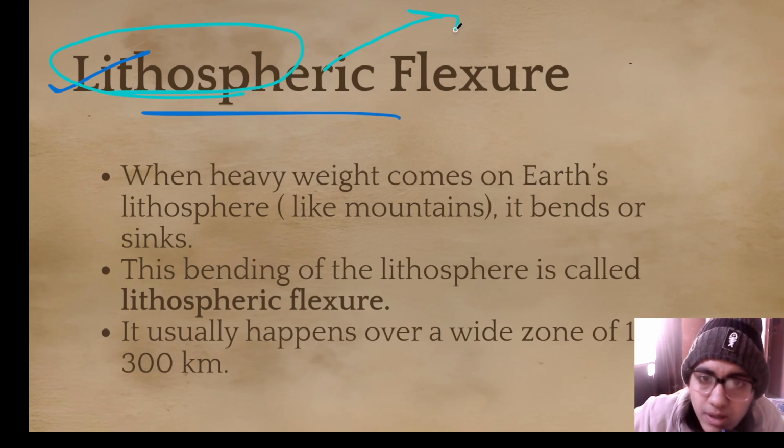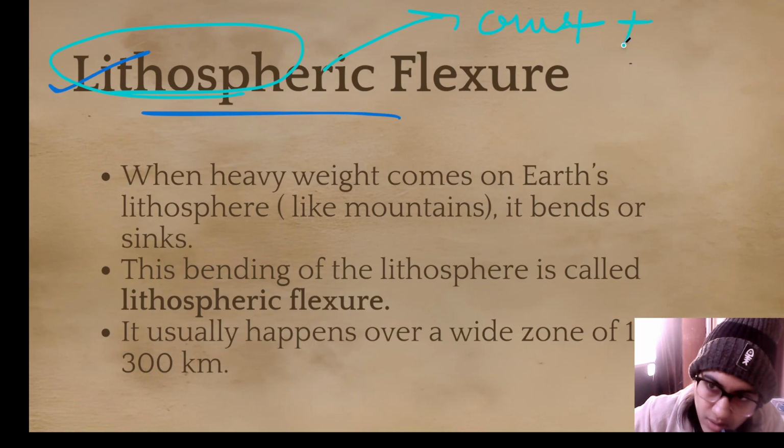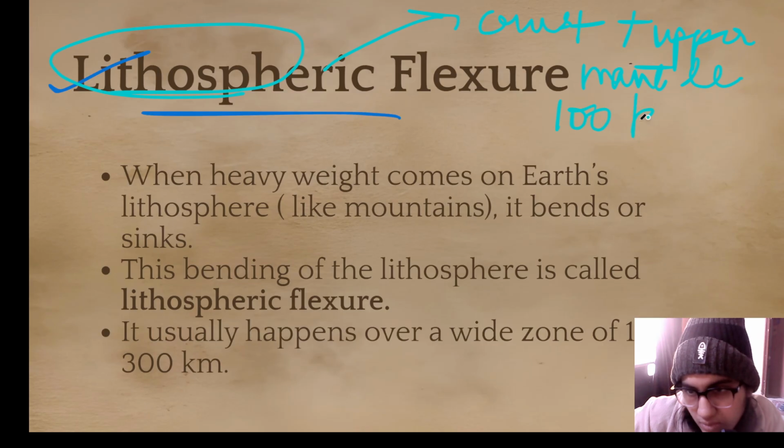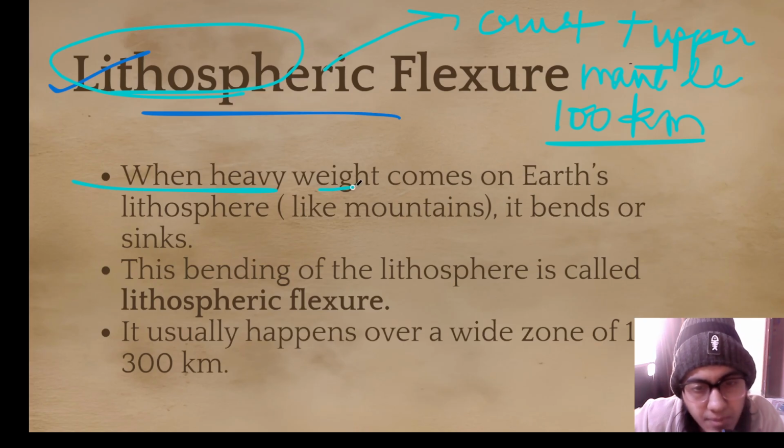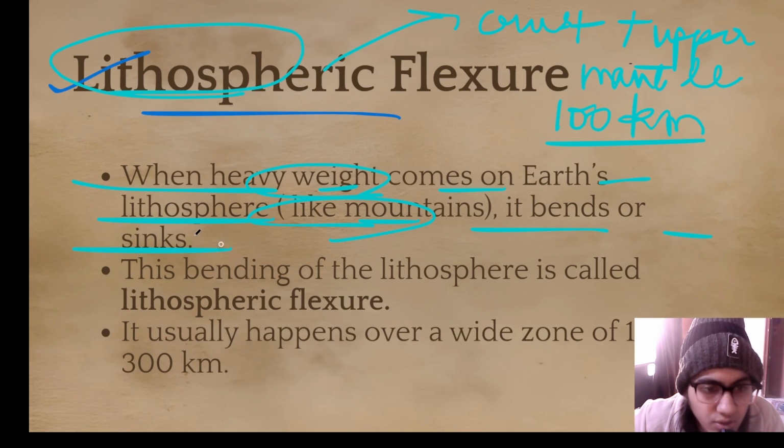Lithosphere, as we all know, is made up of crust plus upper mantle, and it extends up to 100 kilometers. When heavy weight comes on Earth's lithosphere, like mountains, it bends or sinks.